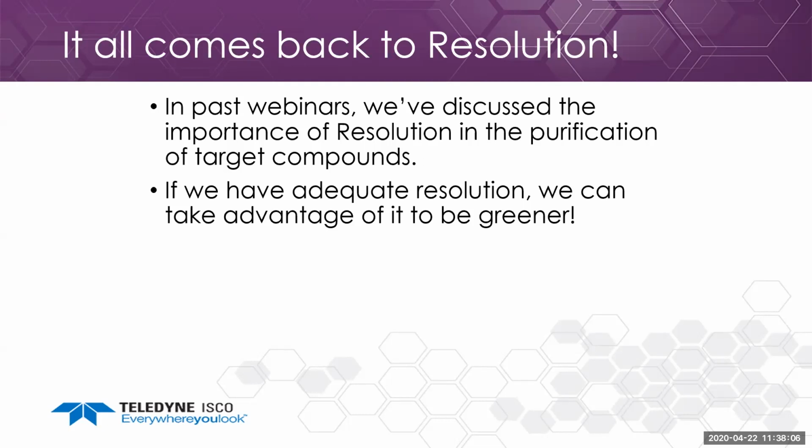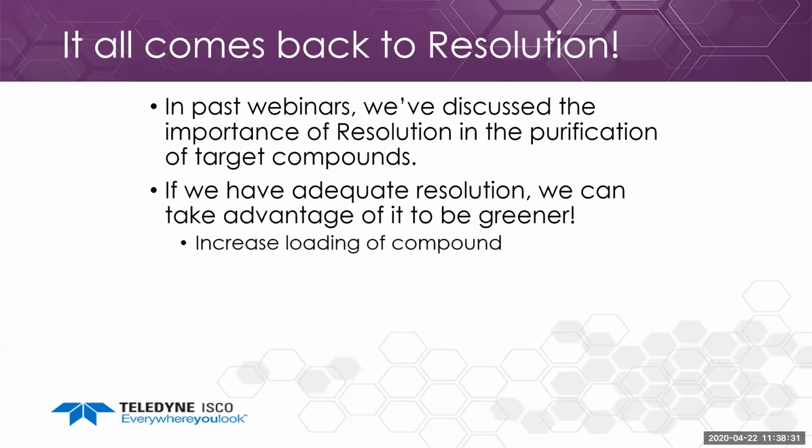Three, we could run a shorter separation over a focused range, and then you could also scale up from that. Or four, you could just run it faster. You could do a gold speed method instead of a gold resolution method. So there's a few choices. It depends on what your priorities are, on which one of those you choose to make.